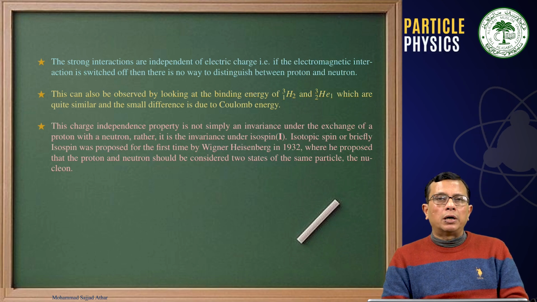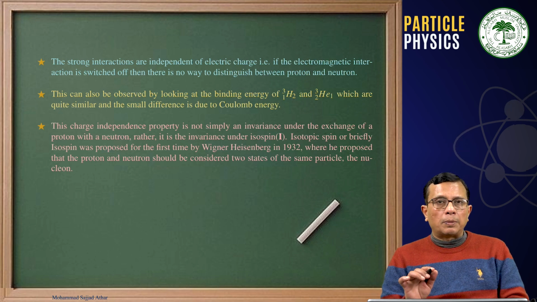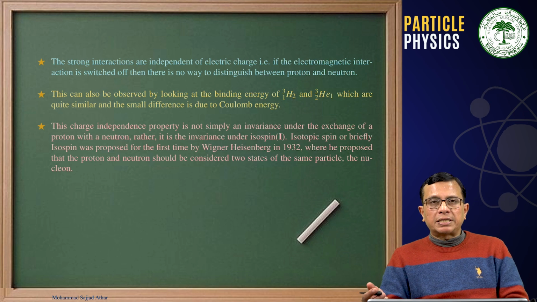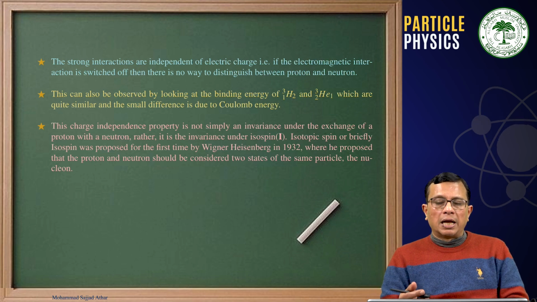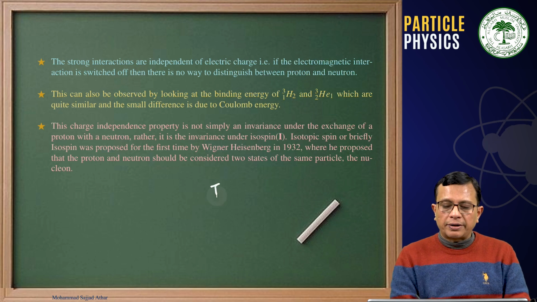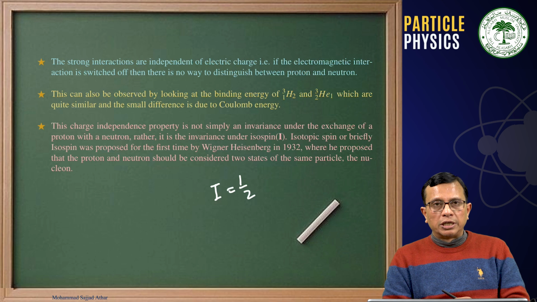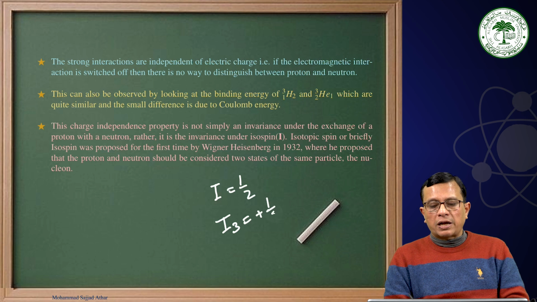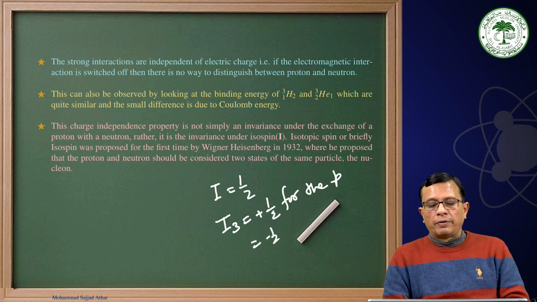He coined the word nucleon and said that protons and neutrons are different states of this particle. We assign an isotopic quantum number half to the nucleon, and this half has two projections: I3 equal to plus half for the proton and minus half for the neutron.